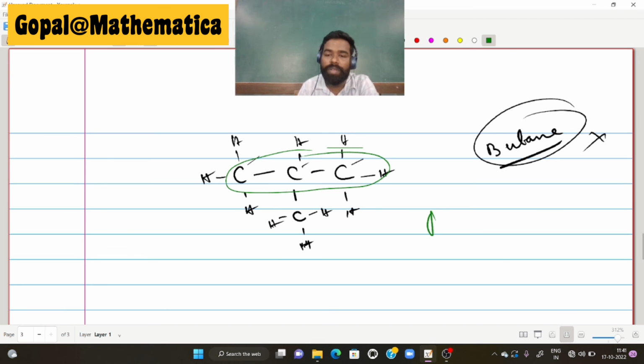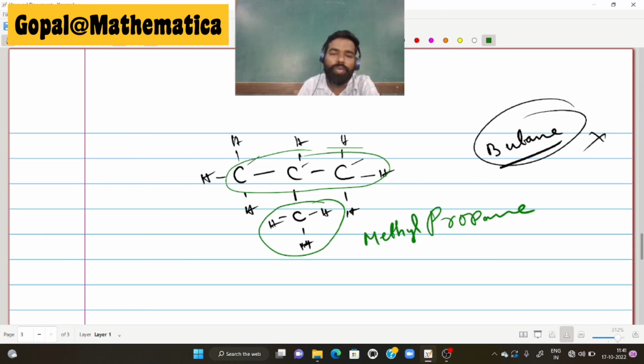We have three carbons, so we call it prop. And this is the guest, so we call it methyl propane. Or you can name this with the new name in the form of butane, that is isobutane.